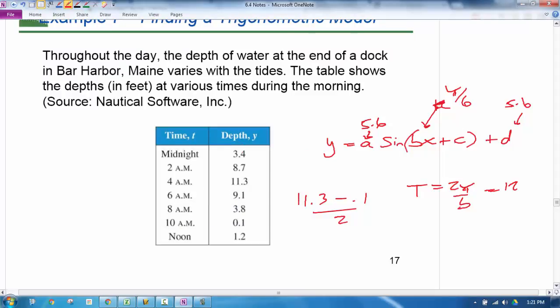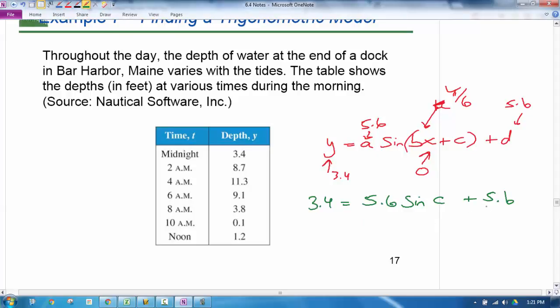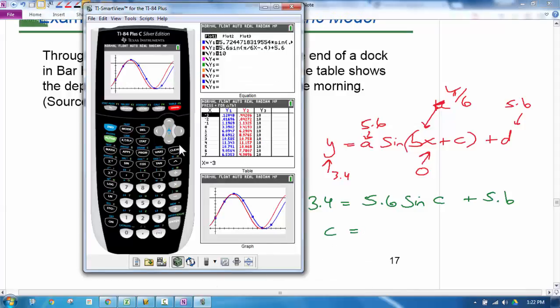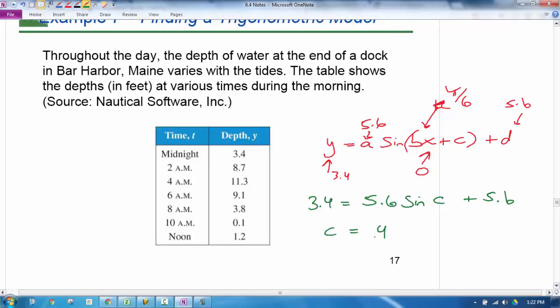One way to ensure that you have the right c is plug in 0 for x and plug in 3.4 for y and solve this equation. Right here, I would subtract 5.6, divide by 5.6, and take the inverse sine, which gives me negative 0.4 for c. So that's a good phase shift.